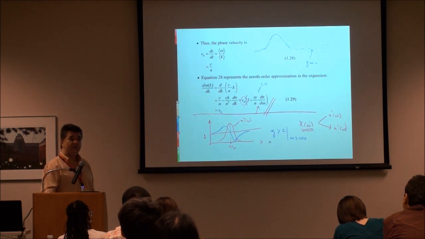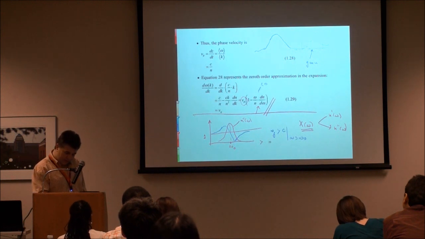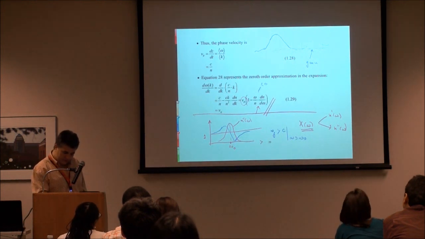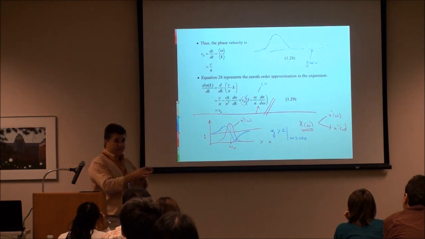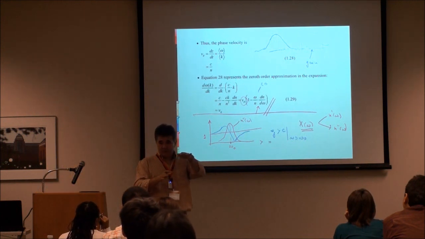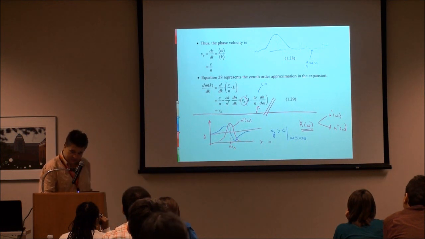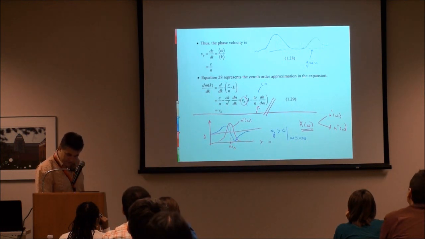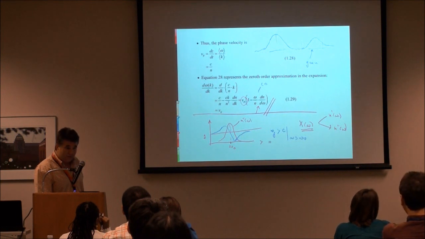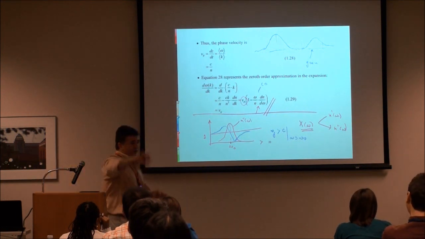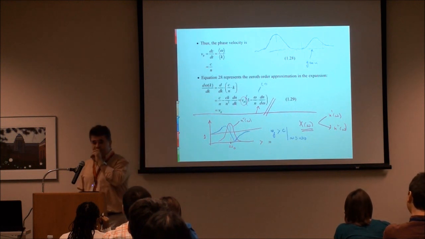And then you have to saturate the gain such that when the big part of the pulse comes in, it gets attenuated. So it's as if you get the pulse much faster on the other side, but in fact, it's not the same pulse. It's the leading edge of the pulse that gets amplified, and then the main pulse, the peak of the pulse, got attenuated. So that overall, if you measure, it looks like the group velocity is much higher than c.